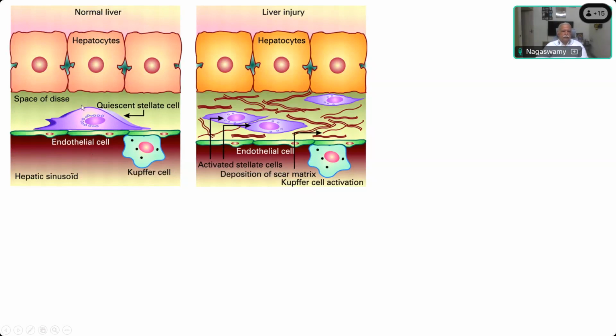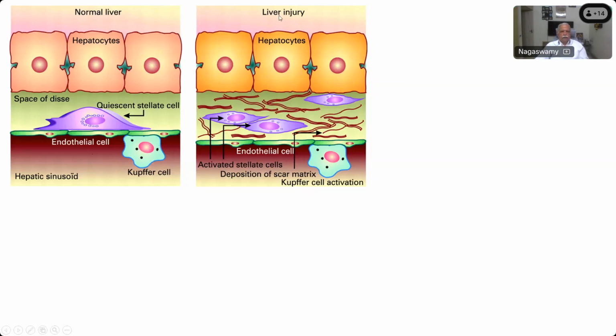And in the space of Disse, there are stellate cells which are dormant or quiet in a normal liver architecture. And there are Kupffer cells, which are mainly phagocytic in nature to absorb the toxins and deactivate them, which is present within the hepatic sinusoids.